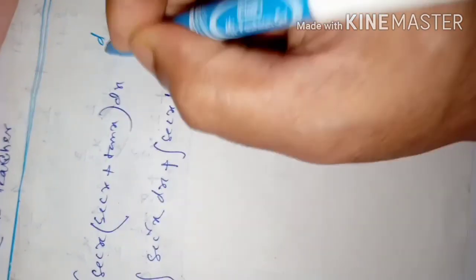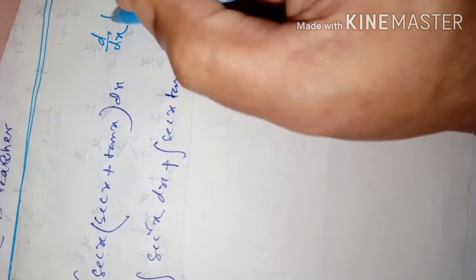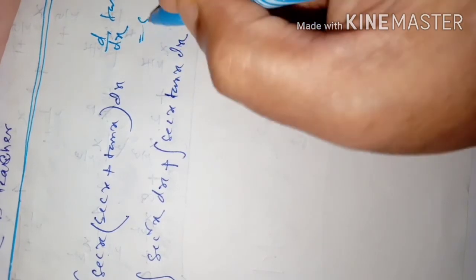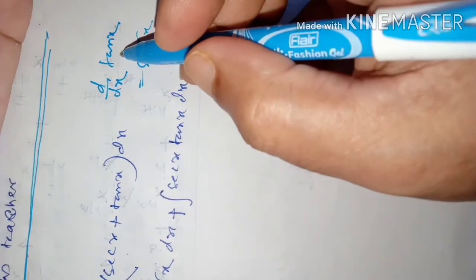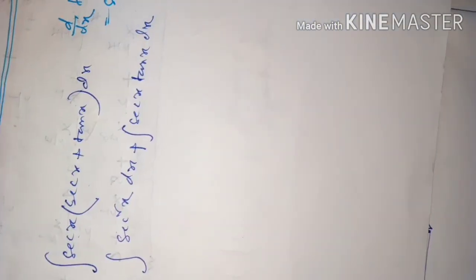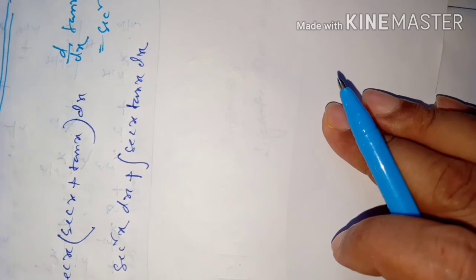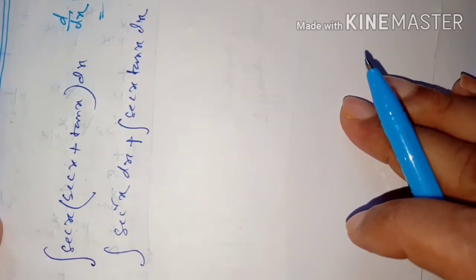Recall, derivative of tan x is what? d by dx of tan x was sec square x. That means antiderivative of sec square x will be tan x, because derivative of tan x is sec square x. Therefore, we can write here like this.